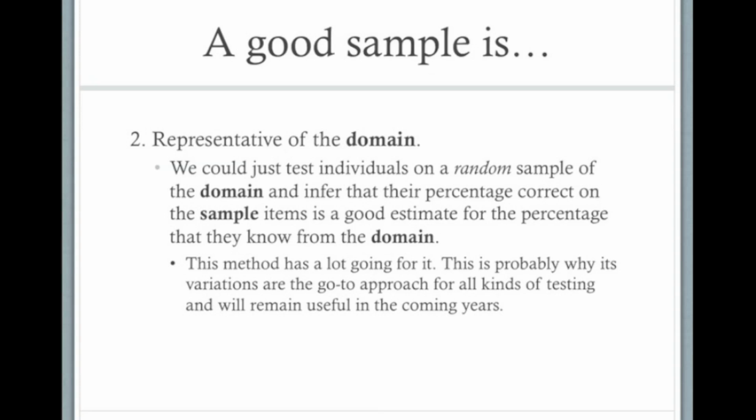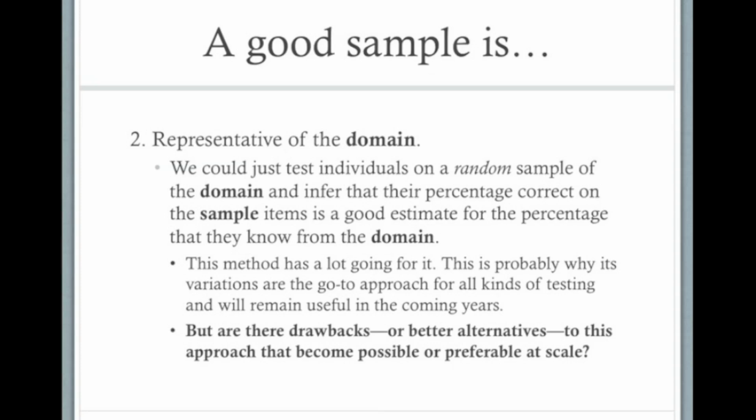Taking a random sample or hand selecting a representative sample works fine on a small scale, but on a large scale, item response theory offers you the opportunity to make sure that your items are all measuring proficiency in the domain.